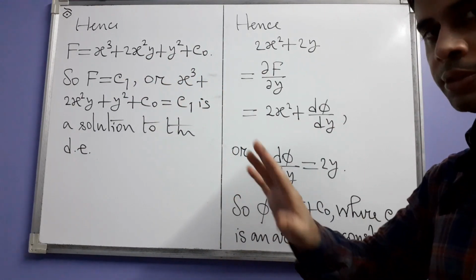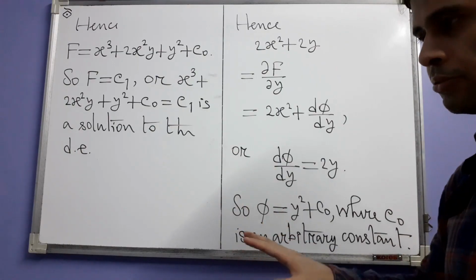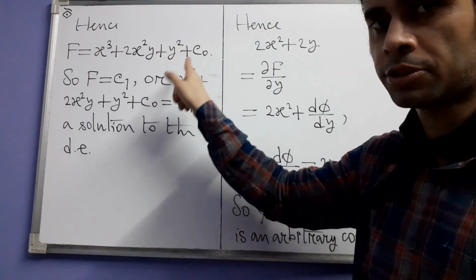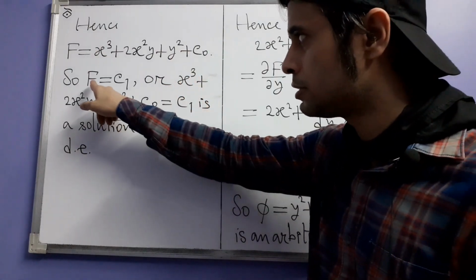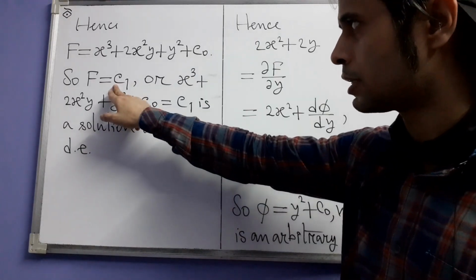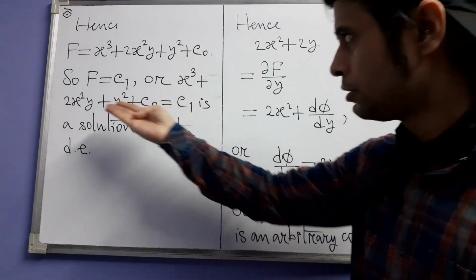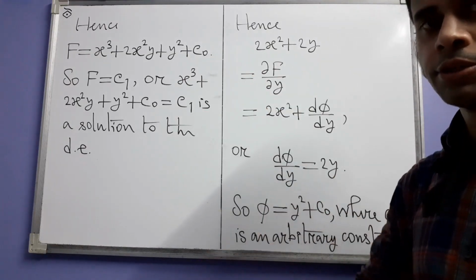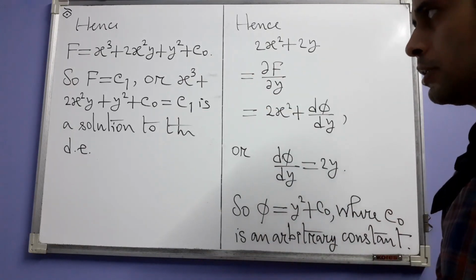I mean, you have done whatever you had to do and we are almost there, but this is not the solution. Don't stop here. The solution is f equal to some arbitrary constant. So let's call that constant c1, or this is equal to c1. This is a solution to our differential equation.